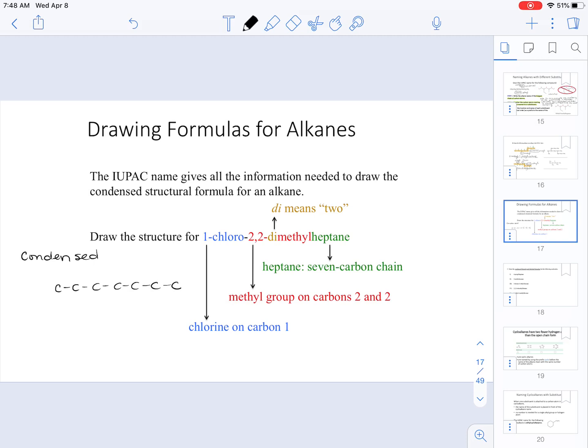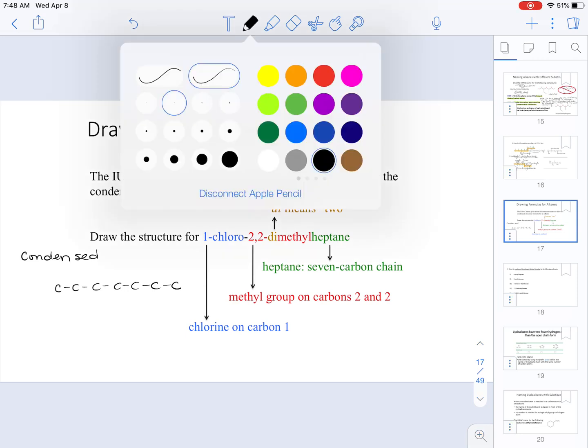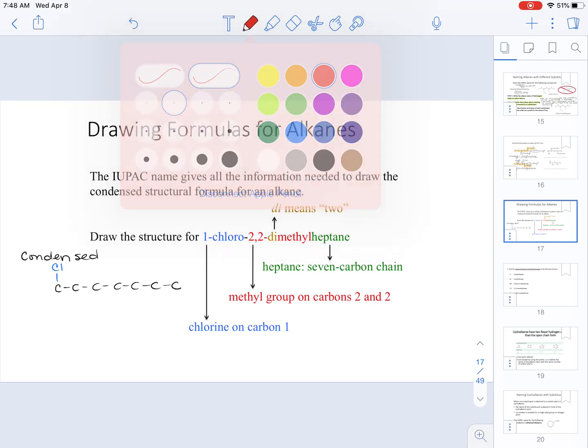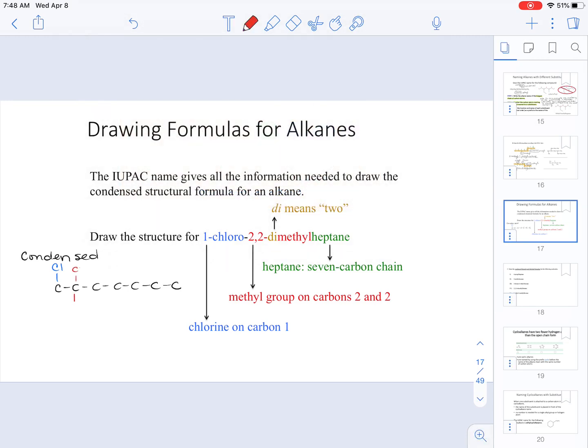Then I know that carbon 1, to my convenience, just because we read in English from left to right, I'm going to put on carbon 1, in a different color, let me assign it to the same colors that they have here. That would be easier for everyone. So carbon 1, we have a chlorine. Then carbon 2, we have 2 methyls. CH3, CH3.